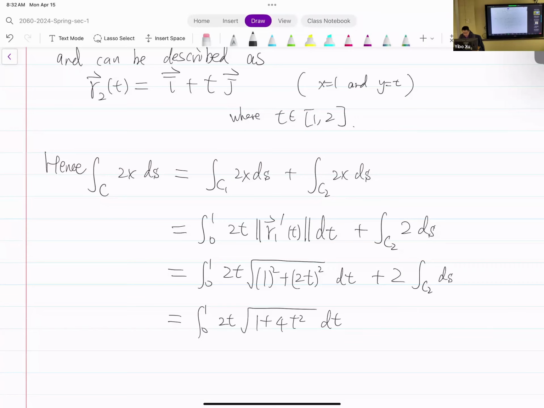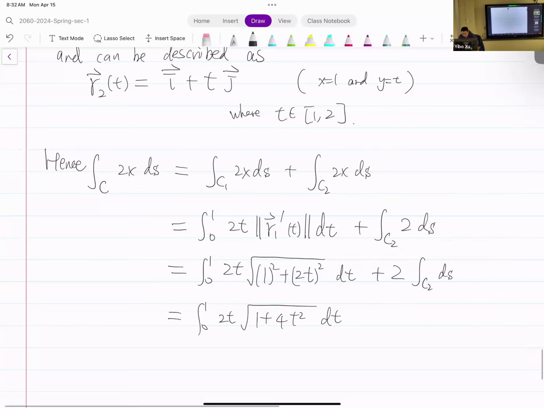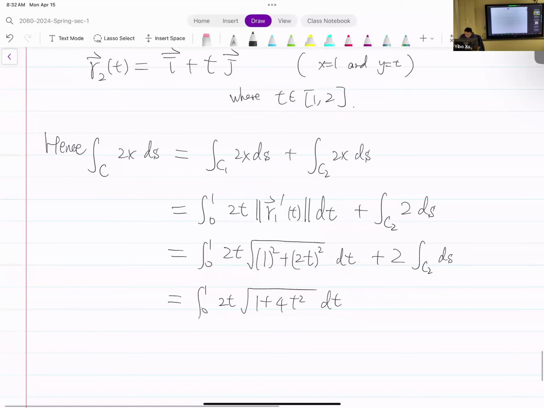This is definitely something we can integrate using u substitution. Let's set u to be 1 plus 4t squared. So du is going to be 8t dt. So 2t dt is actually 1/4 of du, right?